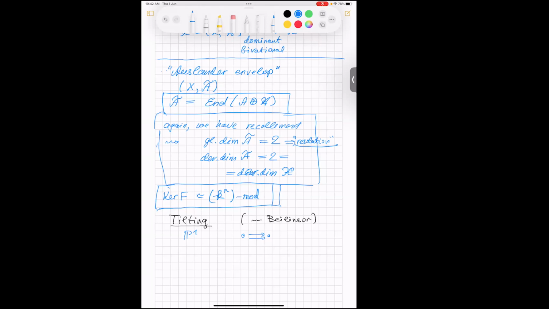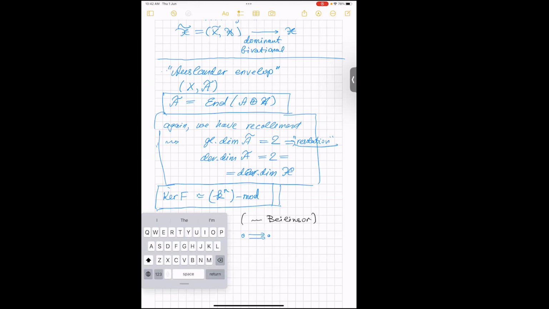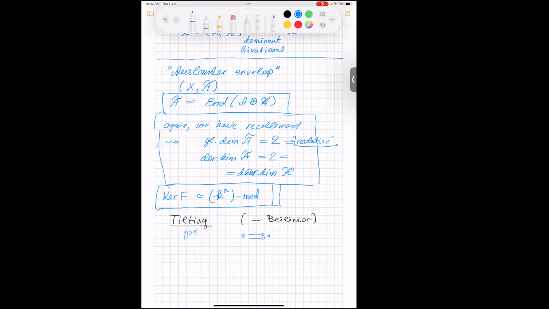We consider over P1 the following sheaf: a two-dimensional vector bundle, which is the direct sum of the trivial vector bundle and the bundle twisted by -1.